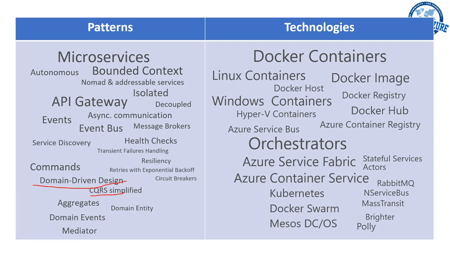We can find here CQRS, the events, and our API gateway that manages the communication between microservices. We have Docker containers here, Linux containers, Docker images, so we can find orchestrators, and we have here Azure Service Fabric, and we will talk about that today in our session.